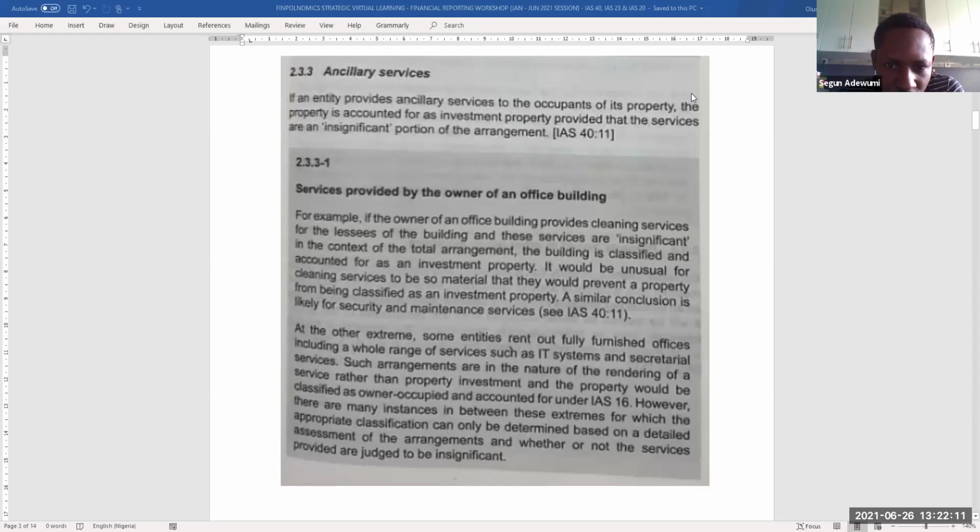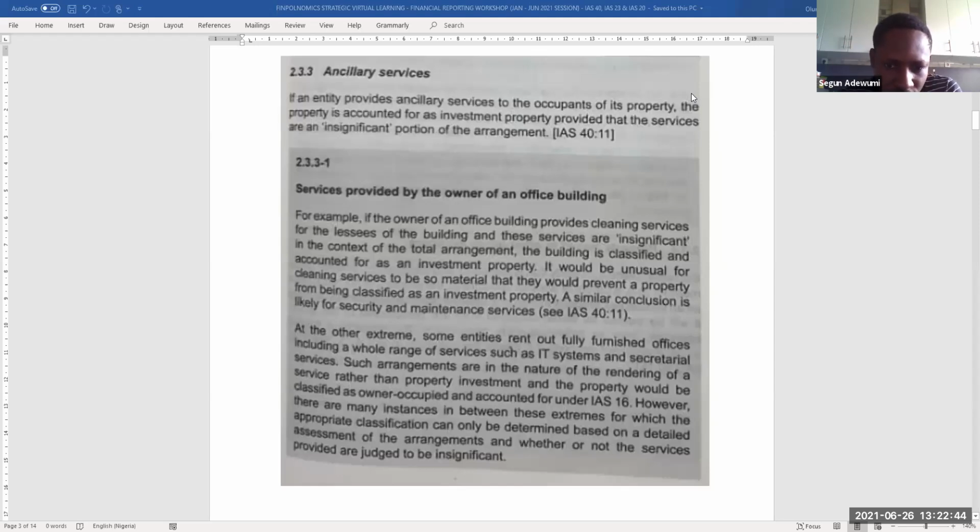Services provided by the owner of an office building: for example, if the owner provides cleaning services for the lessees, and those services are insignificant in the context of the total arrangement, the building is classified and accounted for as an investment property. It would be unusual for cleaning services to be so material that they would prevent a property from being classified as an investment property.